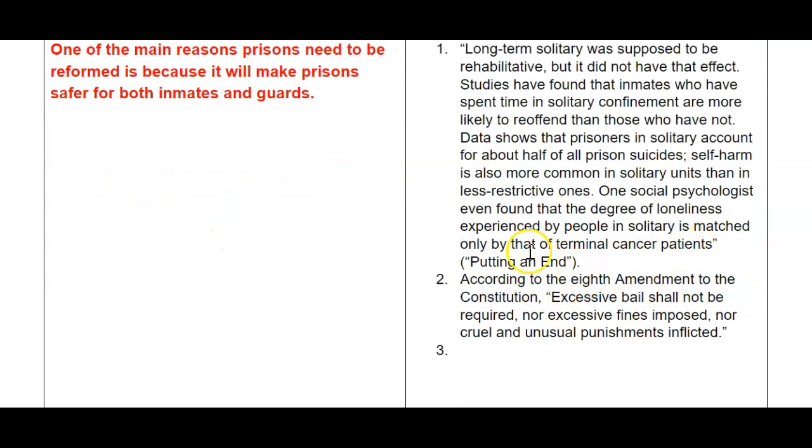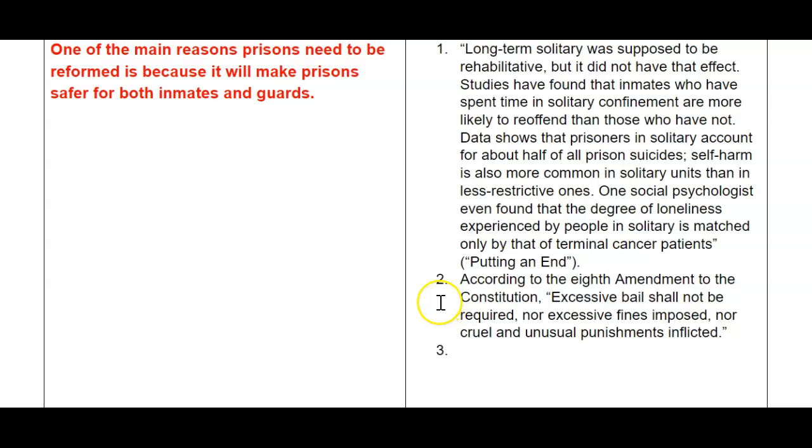Another piece of information that I referenced here was taken from an amendment from the Constitution. So instead of putting the citation at the end, I just said, according to the 8th Amendment to the Constitution, excessive bail shall not be required, nor excessive fines imposed, nor cruel and unusual punishments inflicted. So here's where I may hone in on the cruel and unusual punishments.